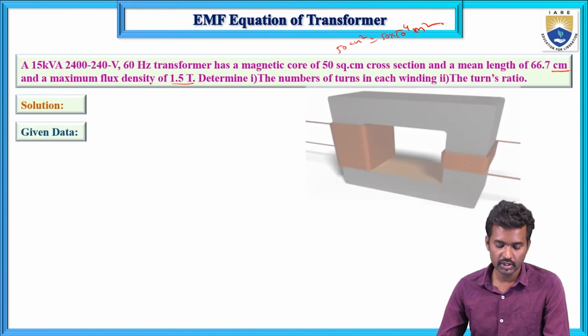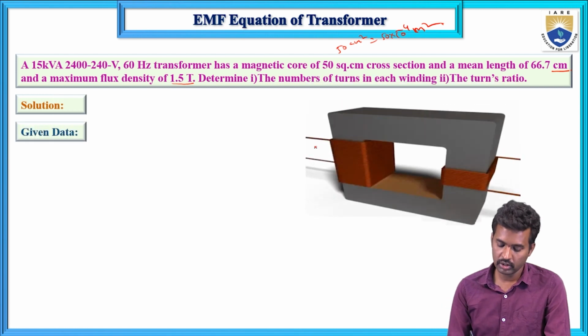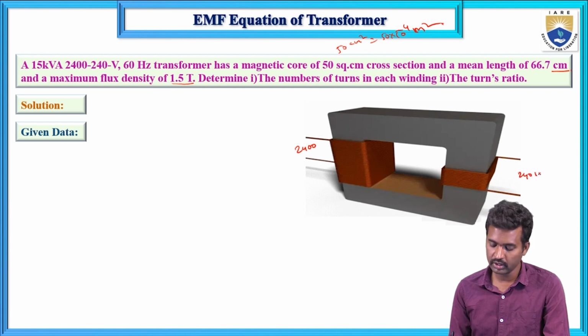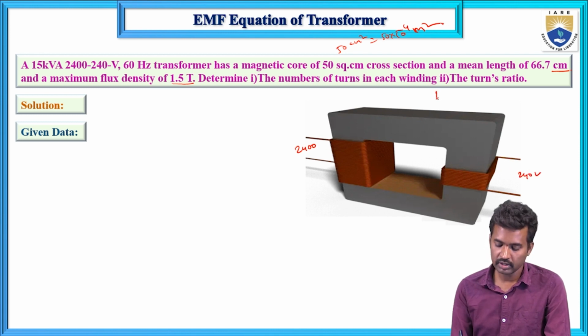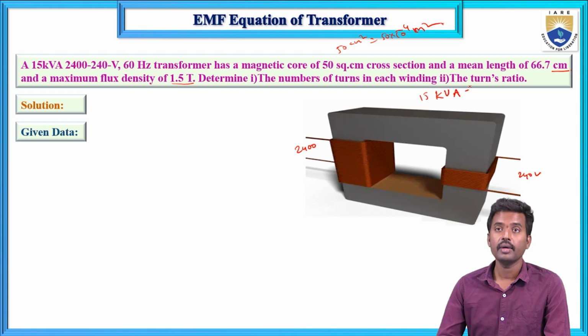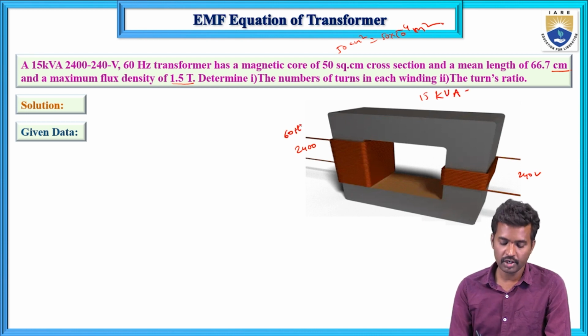Here is the solution. For this, the given data: the supply voltage is 2400, the secondary voltage is 240, and this is 15 kVA. Next, a 60 Hz transformer.